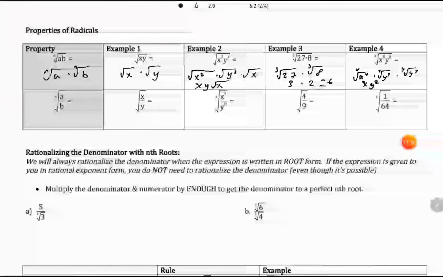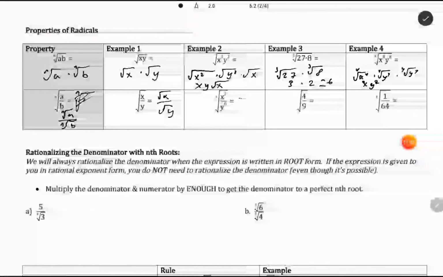Next. The nth root of a over b, that's the same thing. We've seen this before. That is the nth root of a divided by the nth root of b. So this is the square root of x over the square root of y.